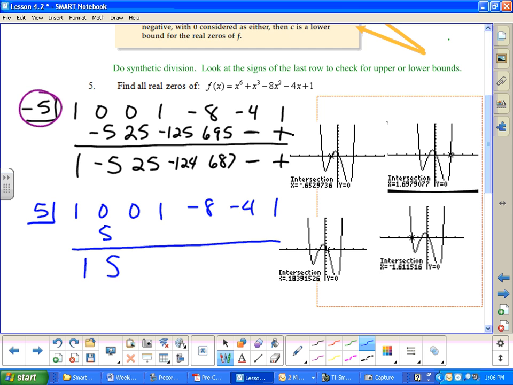Let's watch what's happening. 25. Once again, these numbers keep getting bigger, as positive numbers. 5 times this is about 600. That's going to make this positive, still positive, even bigger, still positive, and still positive. Since they're all positive, that means there are no zeros to the right of that.